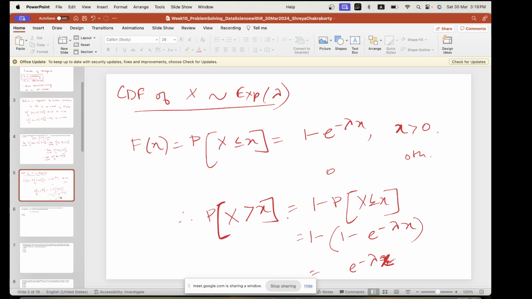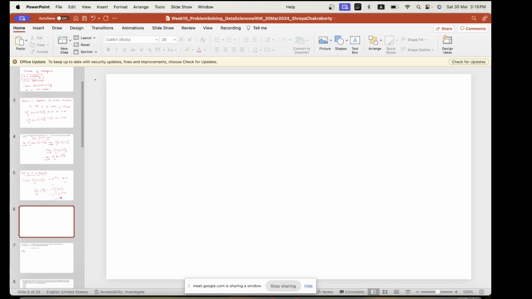So now we have probability Xn greater than epsilon, where Xn follows exponential n. Then this one would be e to the power minus, instead of lambda we'll have n, and instead of x we'll have epsilon.